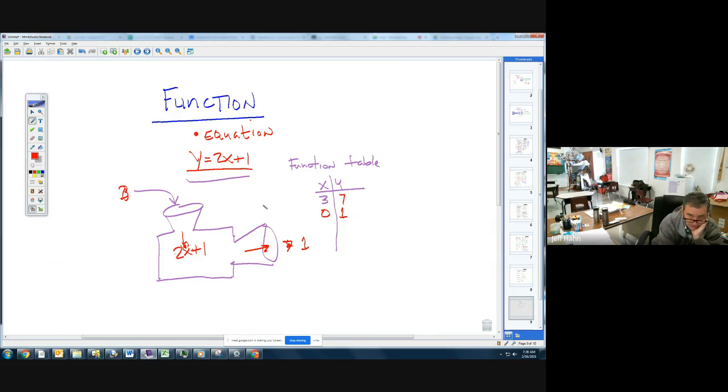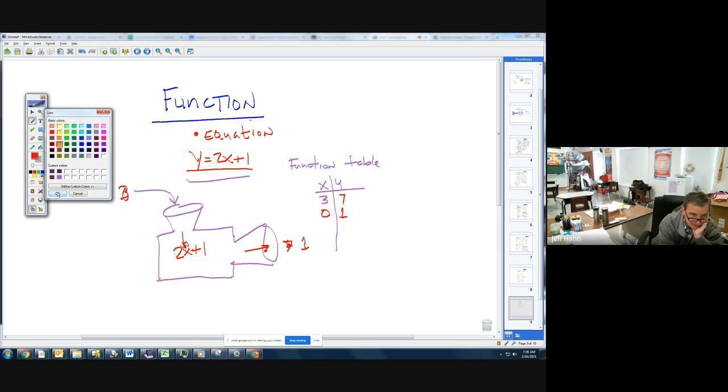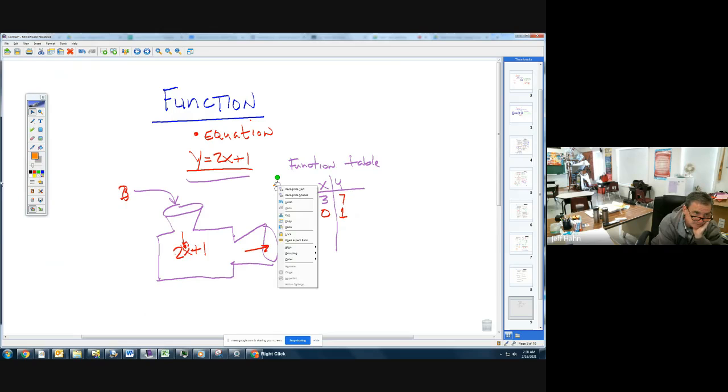All right, now it's important to know that we start introducing some terms that math people like a lot. Okay, the numbers, the x numbers, the input numbers, and write this down nice and clearly, are called the domain numbers.